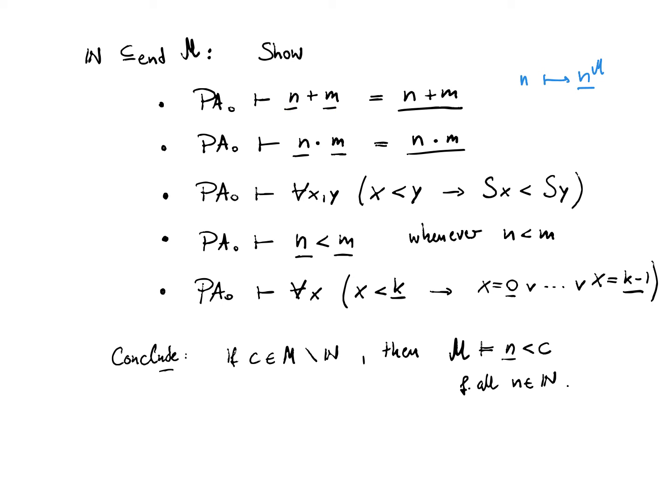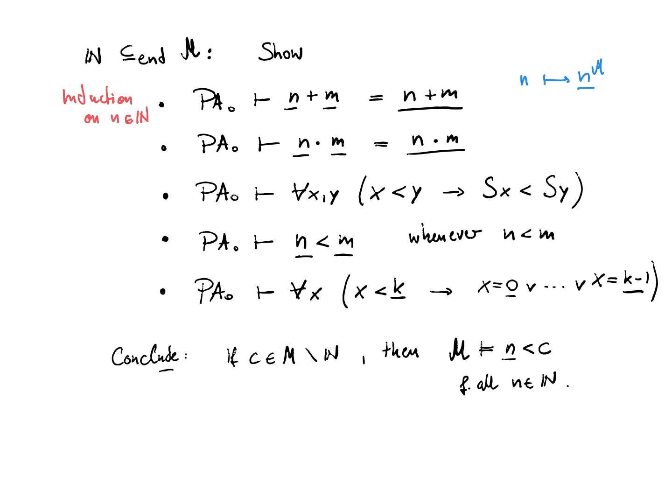And this you can show using induction in the metatheory, induction on n, where n is now an element of the natural numbers. You can think of this as naive induction, or induction in the metatheory. Once you have shown this holds for one n, you move on to the next n, and so on. You don't show a "for all" statement here.